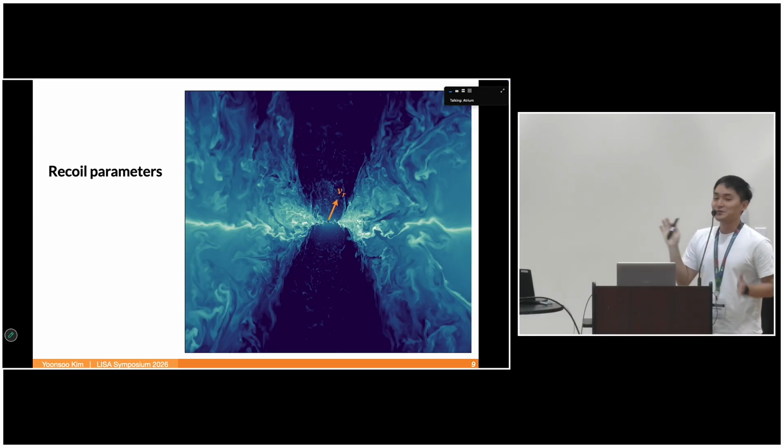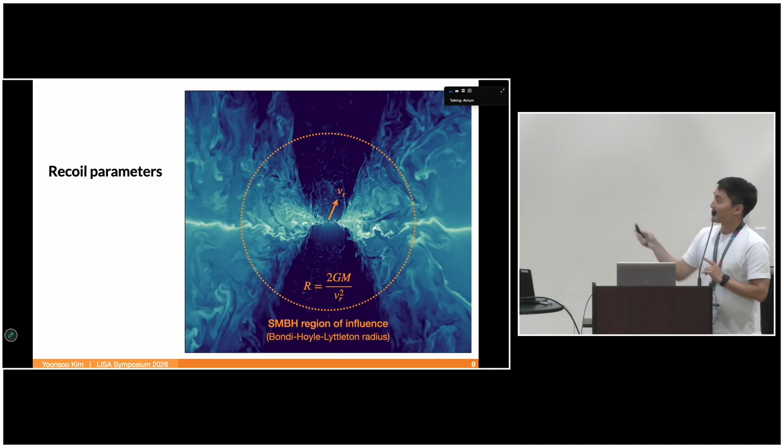Now, we have to choose a consistent recoil velocity, because this is the value you get from general relativity. One practical difficulty is this scale, which I call the region of influence. Let's say your black hole is getting kicked with this velocity. This is roughly the region inside of which gas remains gravitationally bound to the black hole.